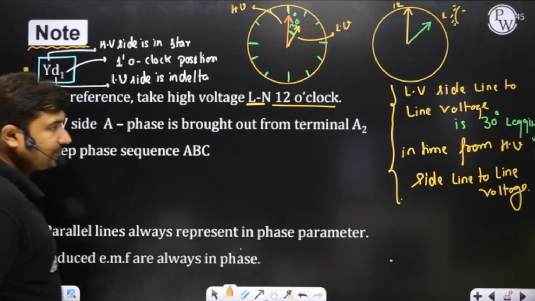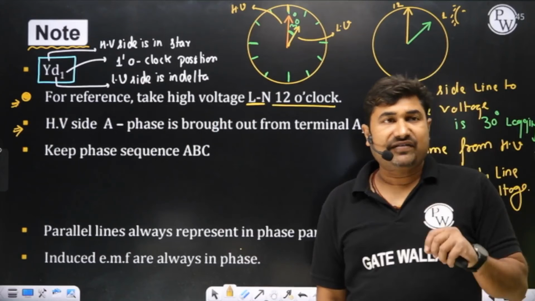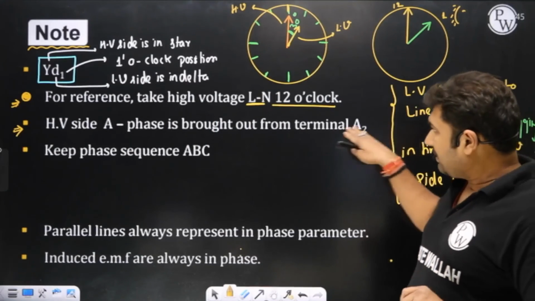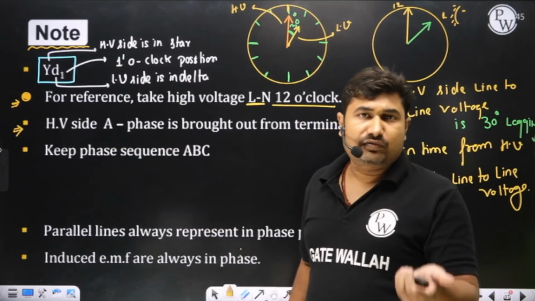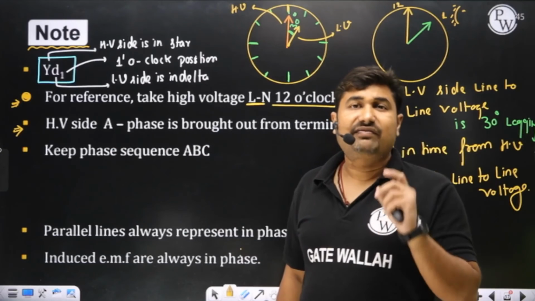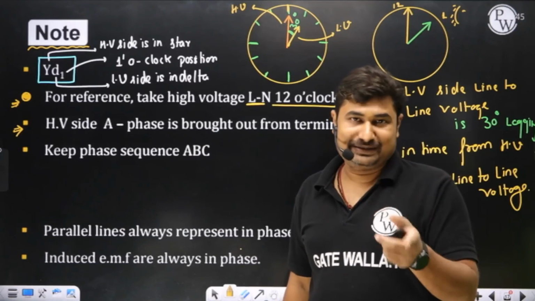Next point. HV side A phase is brought out from terminal A2. It is not mandatory. You can take it out from A1 or A2. Just for the reference, if we are going to speak the same language, then only we can communicate.